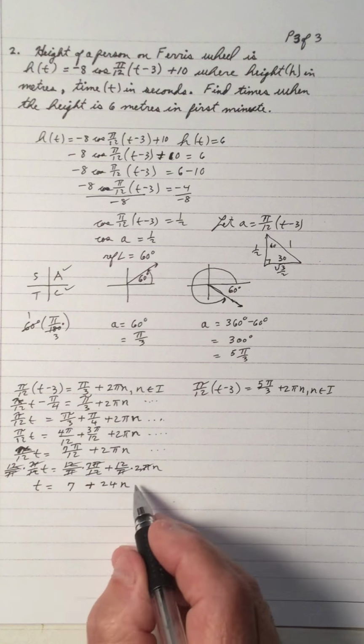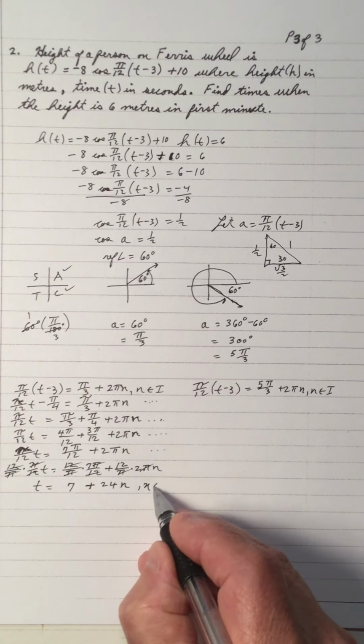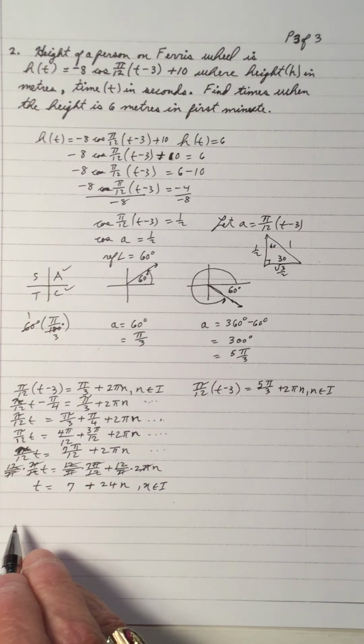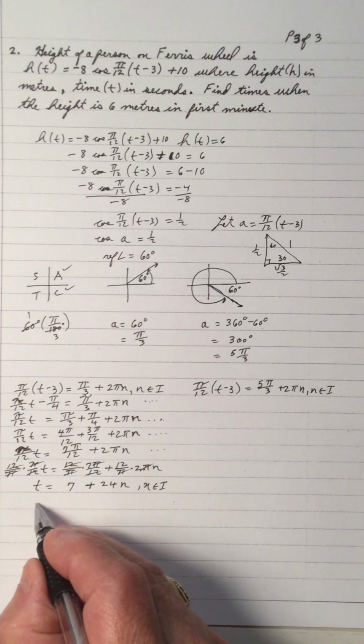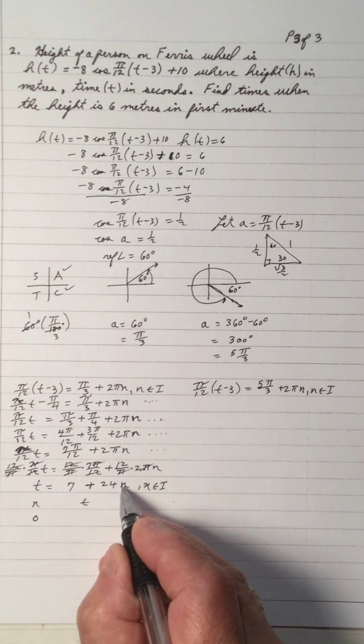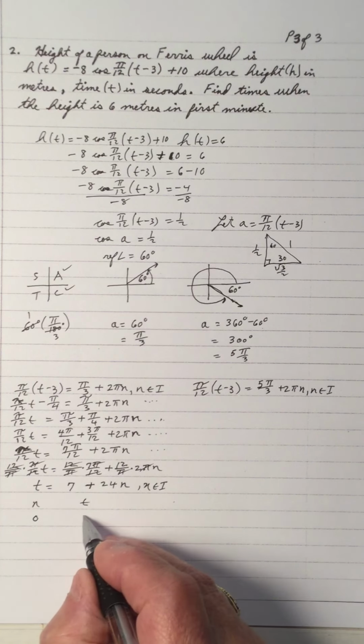So that's the time when n belongs to the integers. And so we want it in the first, so we'll let this be n and this be t. So when n is 0, 24 times 0 is 0, we get a 7.